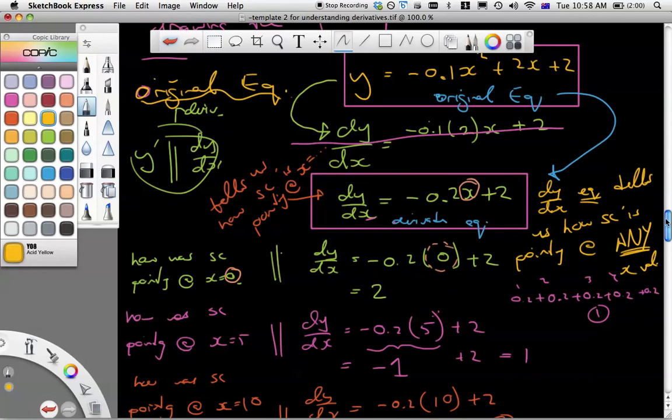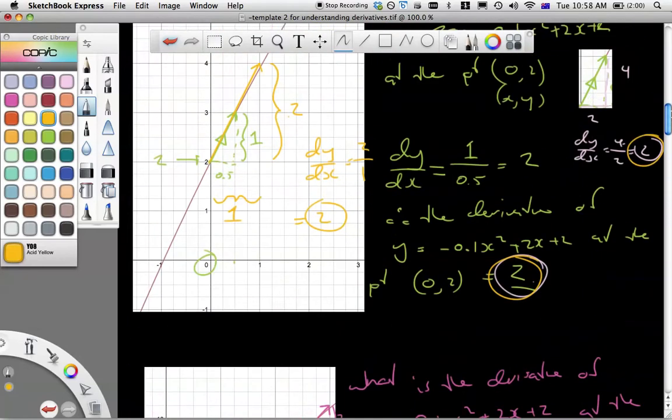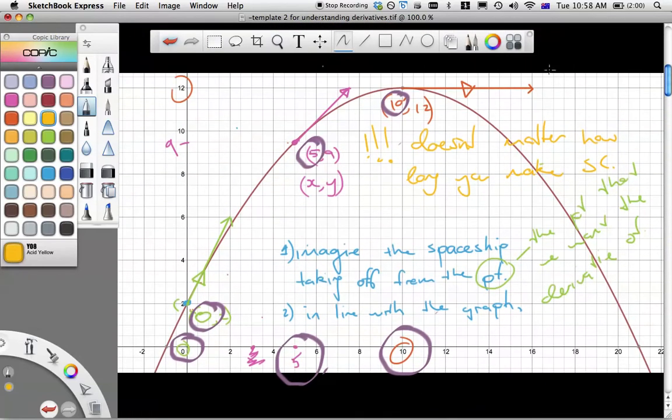In other words, we can launch our spaceship from anywhere on the graph, and the gradient equation, the dy over dx equation, will tell us how the spaceship was pointing.